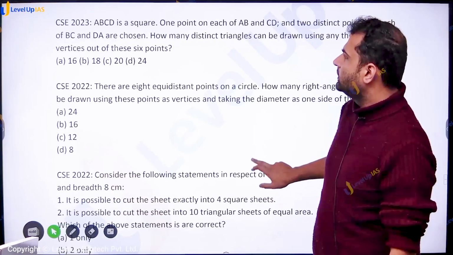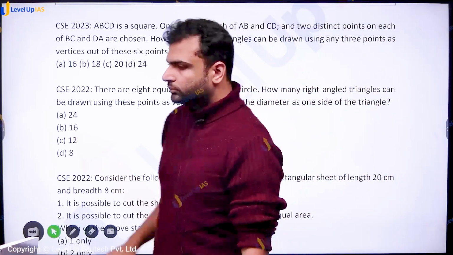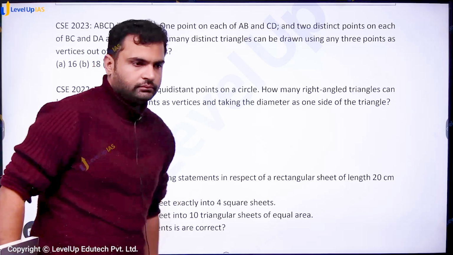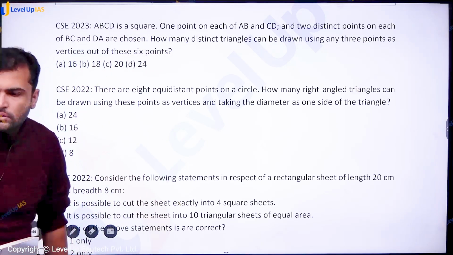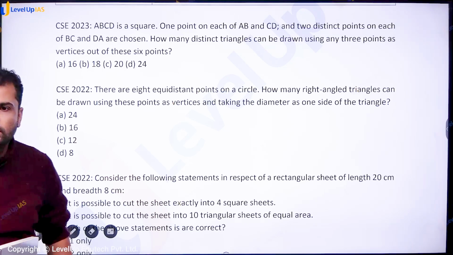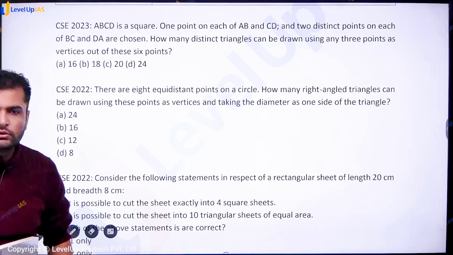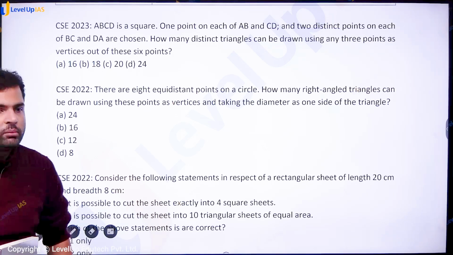Let us start with CSE 2023. First question. Read the question. This question is a mixture of geometry and permutations and combinations chapters. Of course, we have not covered permutations and combinations yet, so it is possible that you may not be able to solve it right now.